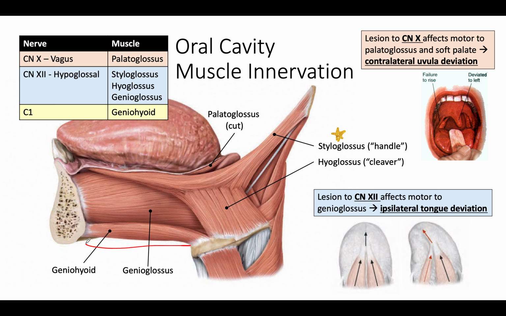You've got, of course, right here, we've got our mylohyoid and then geniohyoid. So we've got V3 is mylohyoid, and then geniohyoid is C1, and then genioglossus is cranial nerve 12.